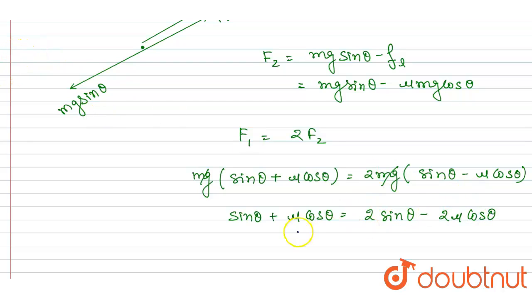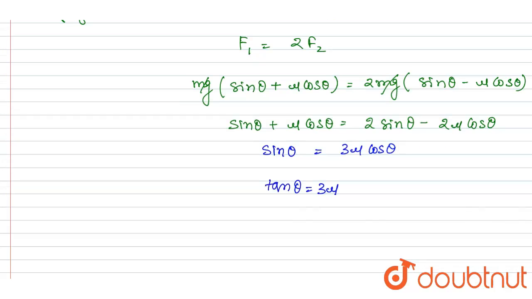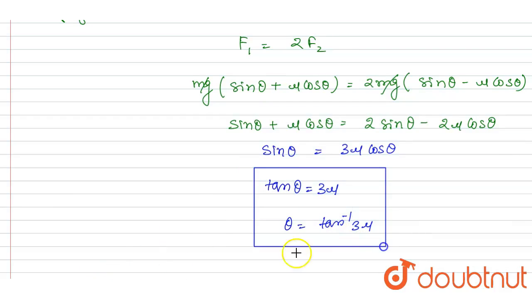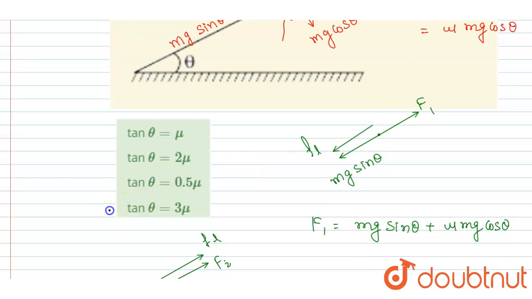Now if you see here, sin θ equals 3 μ cos θ, right? From here I can write tan θ equals 3μ, and θ will be equal to tan inverse of 3μ. Very simple. So this will be the relation between θ and μ. If you check the options, tan θ is 3μ is D. D is the correct option.